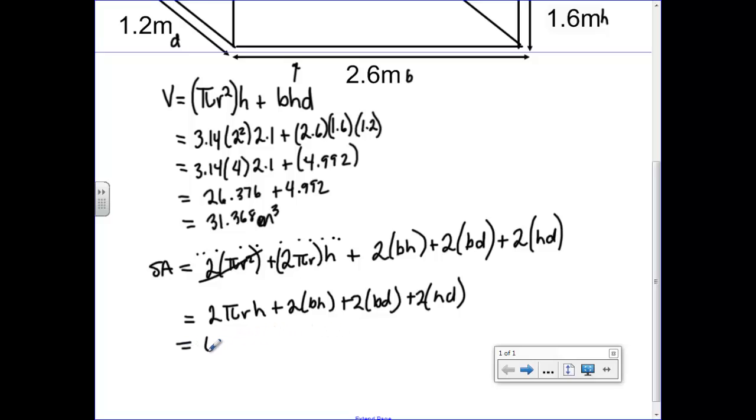Then I can plug in 6.28, my radius was 2, my height was 2.1, plus 2 times 2.6 times 1.6, plus 2 times 2.6 times 1.2, and plus 2 times 1.6 times 1.2.